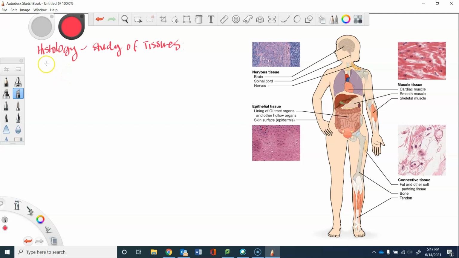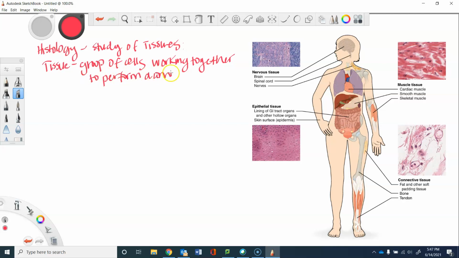So a tissue is a group of cells working together to perform a common function.